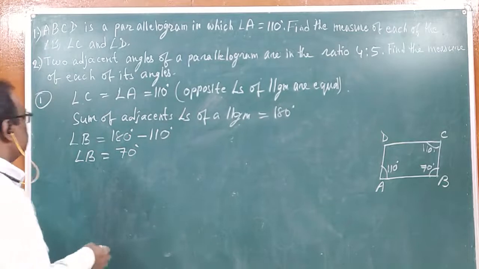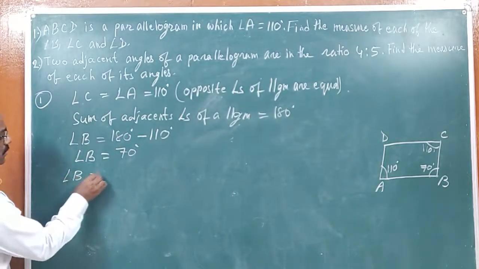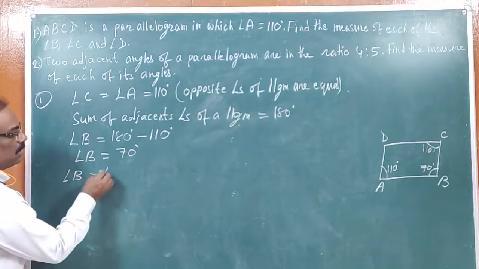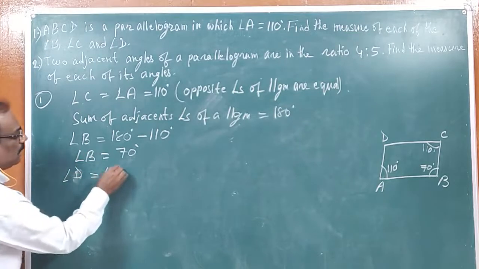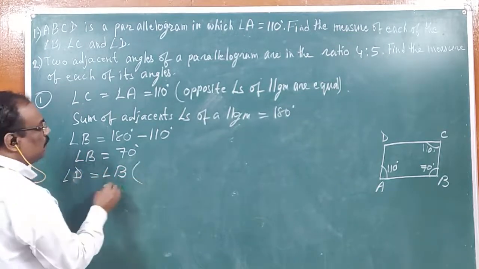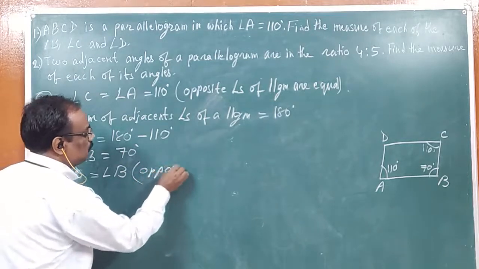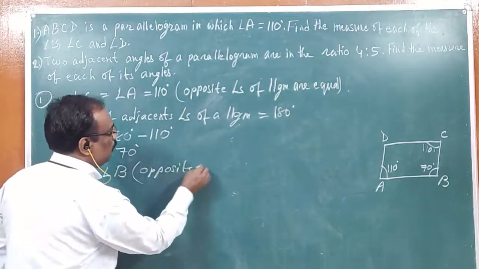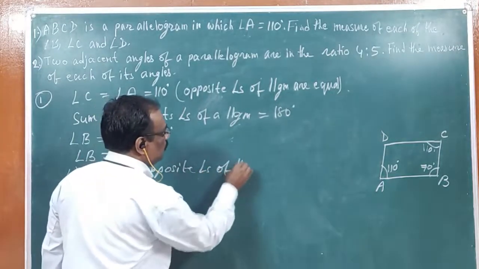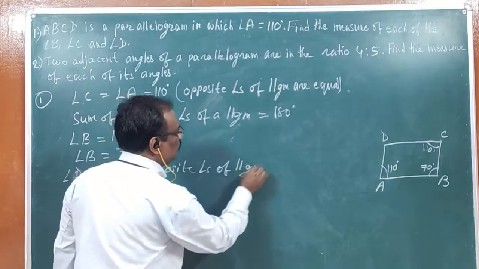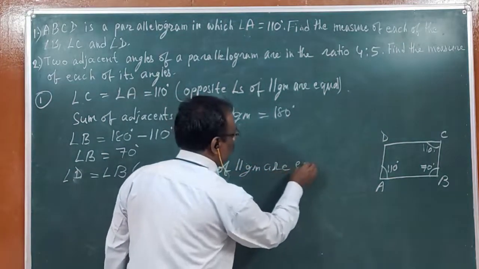So angle D is equal to angle B. Again you have to mention the reason: opposite angles of a parallelogram are equal.